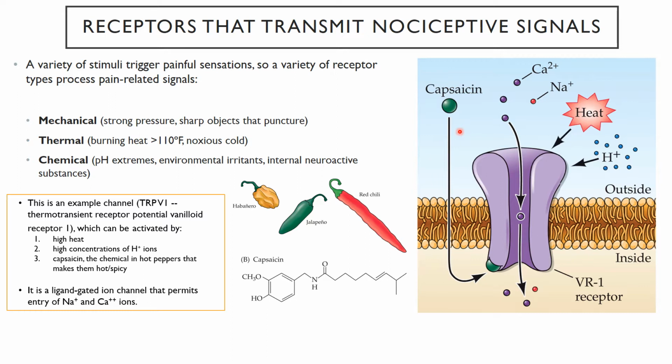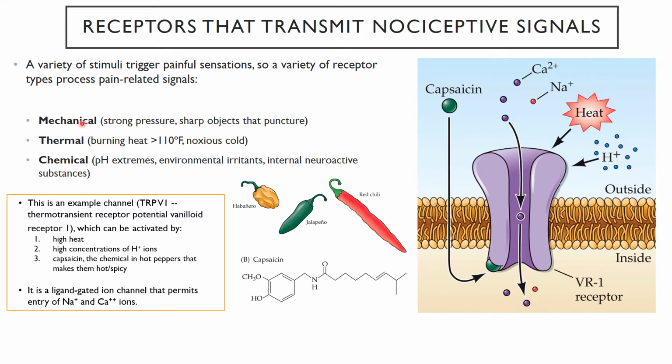There are a variety of stimuli that can trigger these painful sensations, and not surprisingly, there are a variety of receptor types that process pain-related signals. We're going to talk a little bit about a few of them. This is a picture of a cartoon of a receptor called TRPV1.